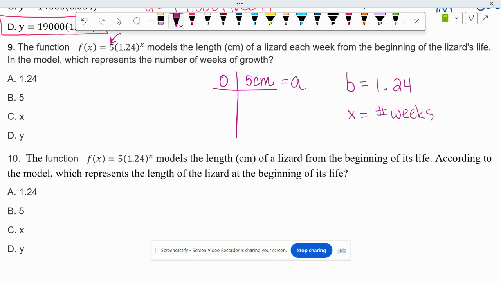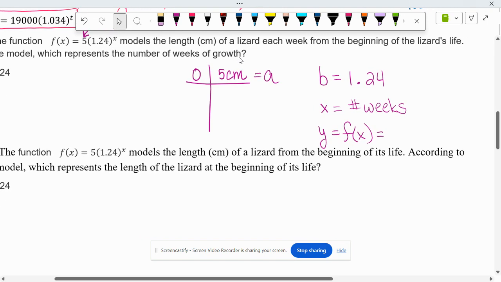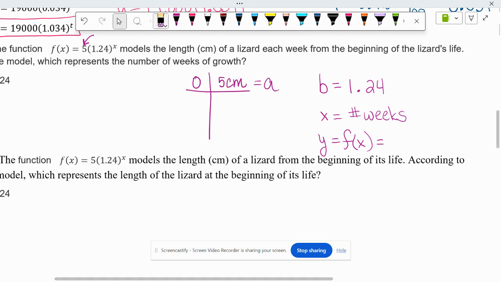And what does Y represent? Or f of x in this case? The 1.24 is the multiplier. What does Y represent? When we do all this math, when we take 5 times 1.24 to the power of x, what do we get?